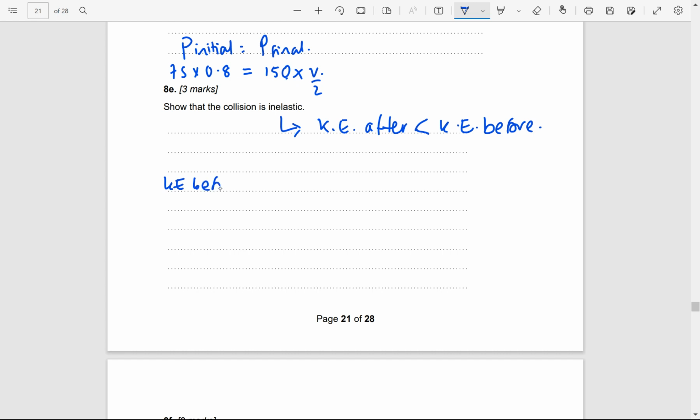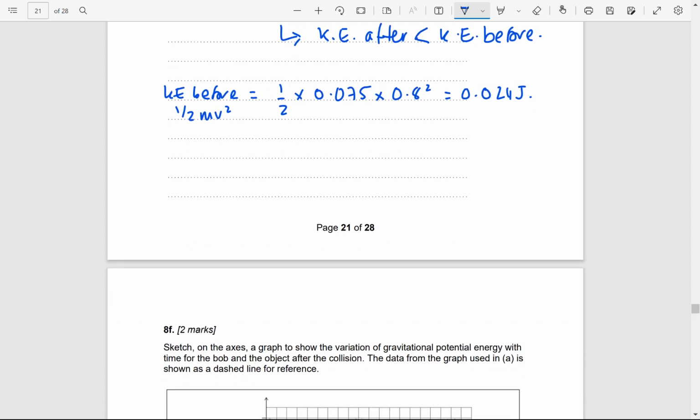So the kinetic energy before, remember this is scalar, so we're just looking for magnitudes here, which is half mv squared, we've got half times the mass of the bob, I'm going to put it into kilograms, times the speed of the bob squared, which is 0.024 joules.